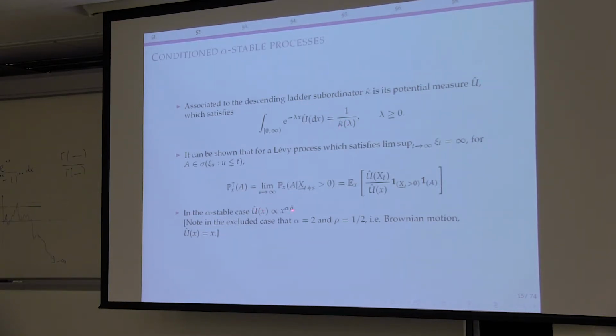The function u hat is just x to the power alpha rho hat. So this appears as a rather nice function. Remember, when alpha is 2, we have to have symmetry. It's Brownian motion, so that becomes a half times 2. That's 1. That was the function we saw before for conditioning Brownian motion to stay positive. But for a stable process, we replace it by x to the alpha rho hat.